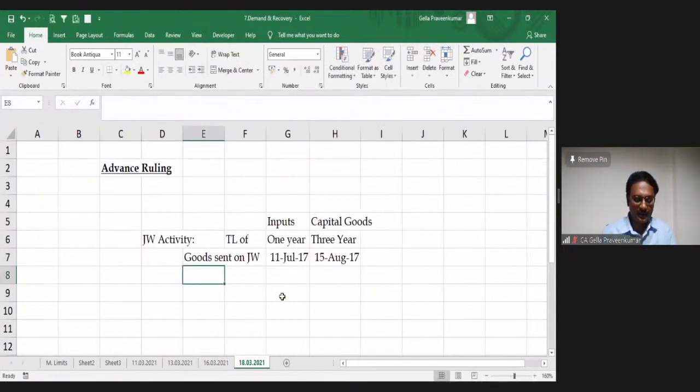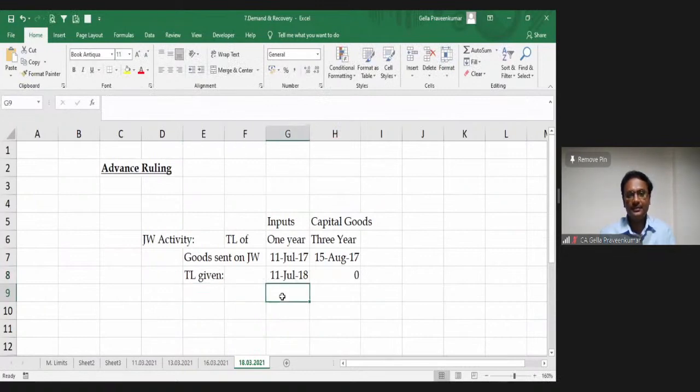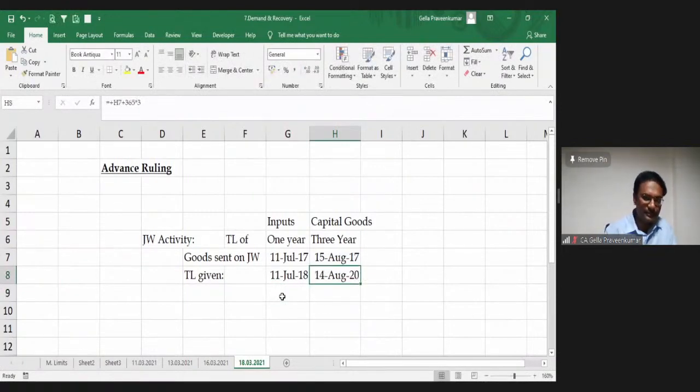Now, time limit given: 1 year, so I'll add 365 days here. And I'll add 365 into 3 for 3 years here. This plus 365 into 3 gives 14th August 2020. Now, this is the time limit for inputs to come back, and for capital goods to come back.